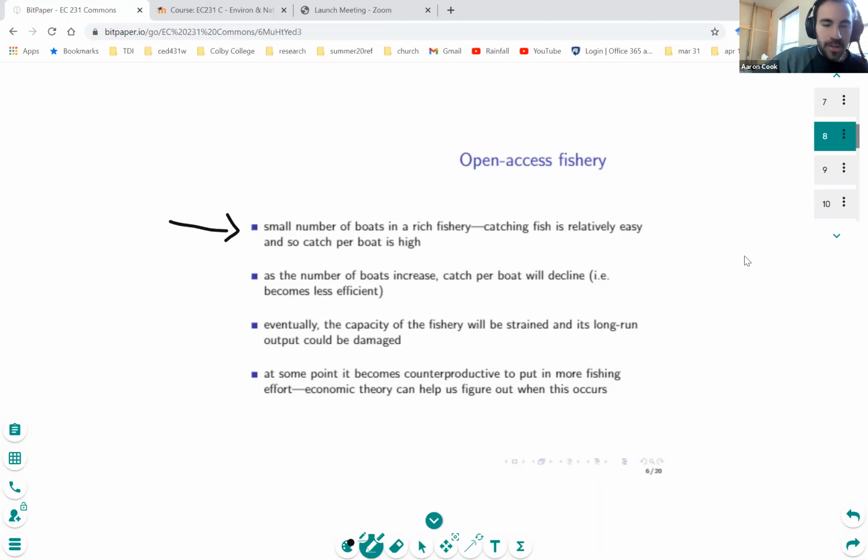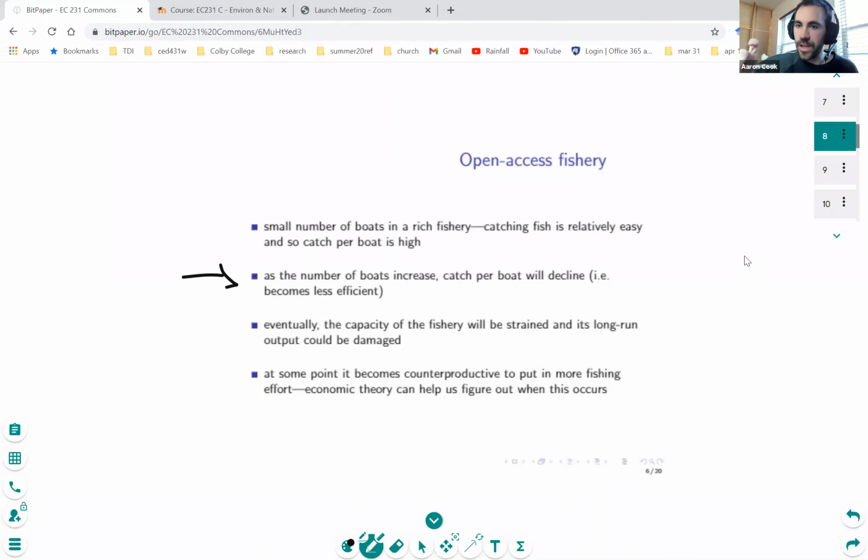As the number of boats increases, however, that stock of fish is going to decline, and as soon as the stock starts declining, it becomes harder to find the next fish. Each additional fish gets harder to find as the total stock falls because they're not as abundant. You're not as likely to just get a fish right there when you cast your net over the side of the boat.